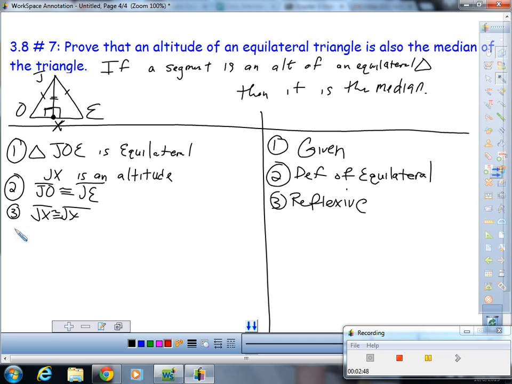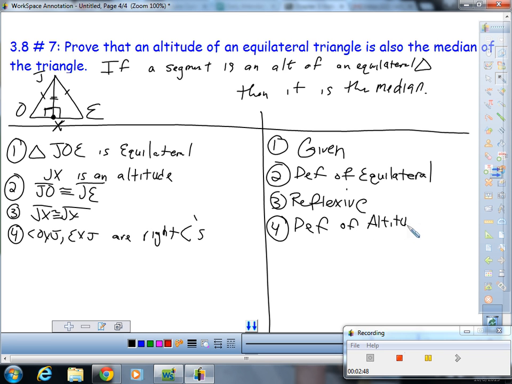But I can say that angle OXJ and EXJ are what? Are right angles. What allows me to say that? Definition of altitude.